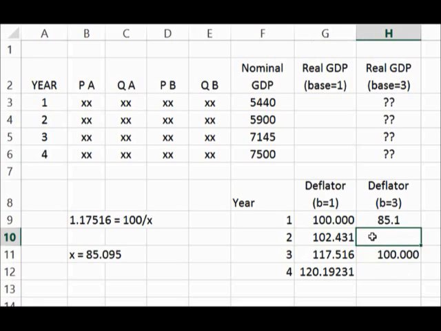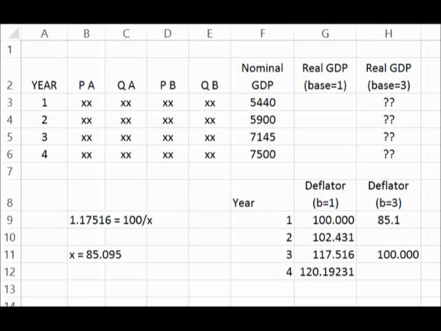We can use that to solve for that blank. And going either direction, the ratio of this to this has to be equal to the ratio of this to this, or you can divide in the opposite order if you want. That 120 divided by 117 has to be equal to x divided by 100. I'll pause for a second. I will reveal those answers, and that'll be the end of the video.